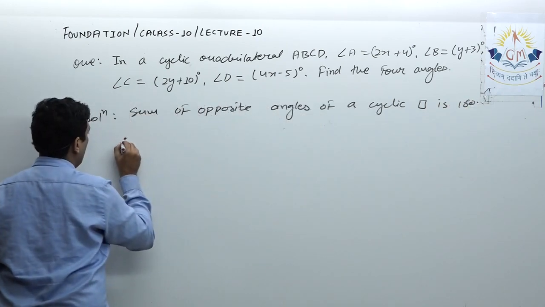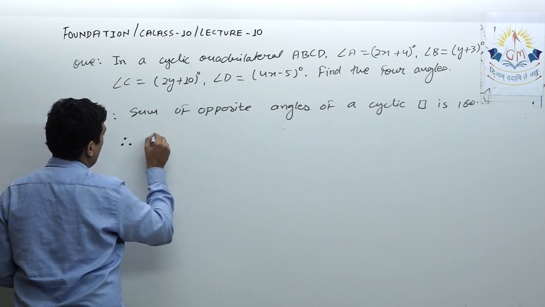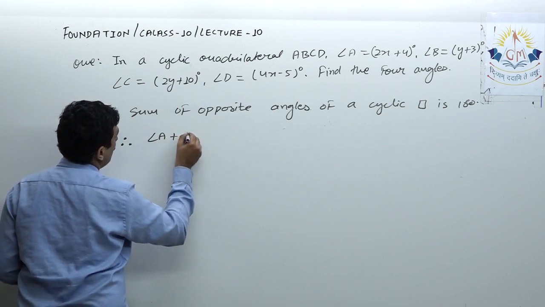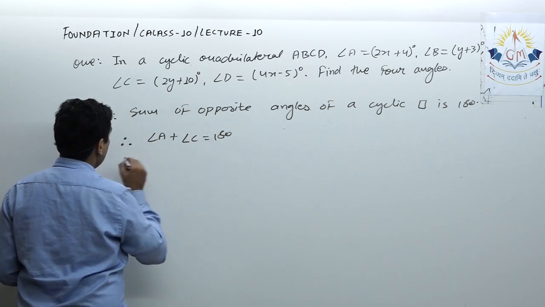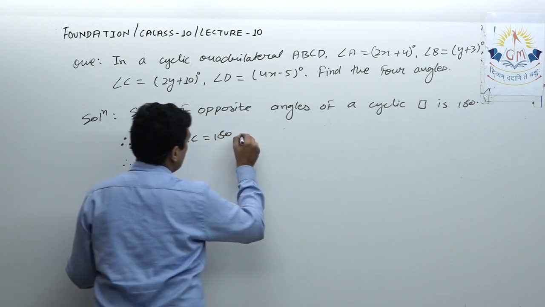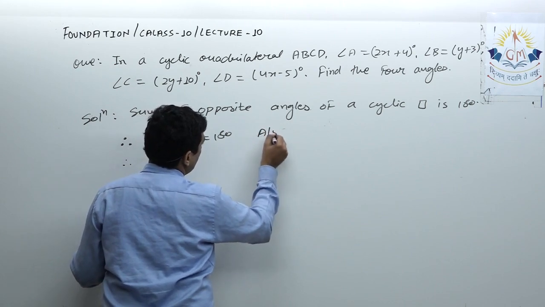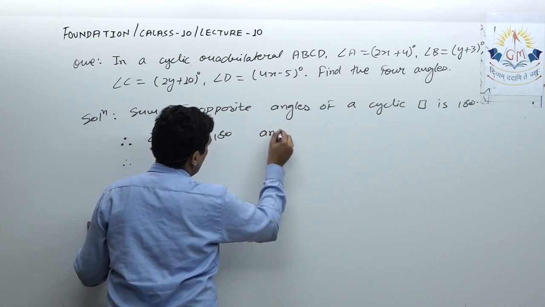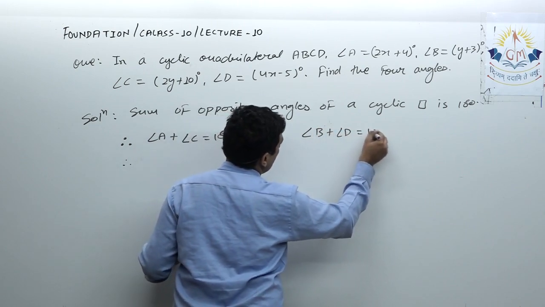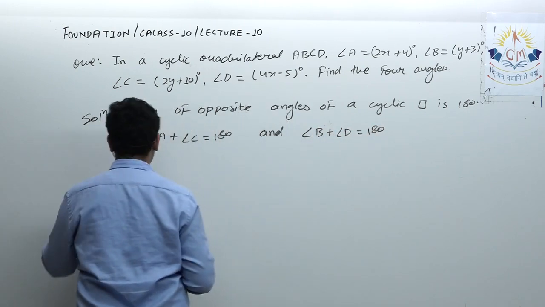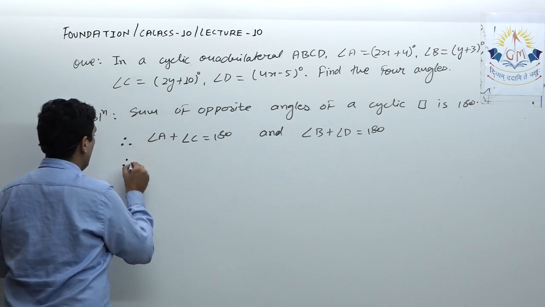Therefore I can say angle A plus angle C is equal to 180 degrees, and also angle B plus angle D is equal to 180 degrees. Both things we can write simultaneously. Okay, sum of opposite angles.